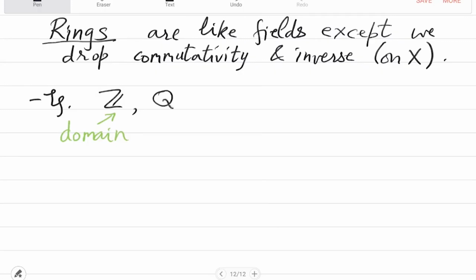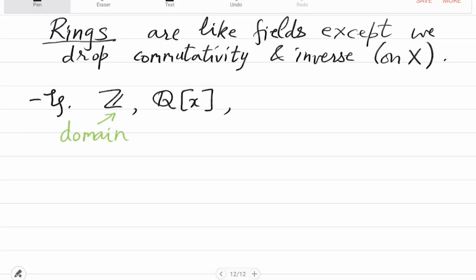Another example is when you look at polynomials. You can look at polynomials over integers, or over Q or real or complex. Polynomials always form a ring, because you can always add and multiply polynomials, and as long as the base ring is good, you will even have commutativity of multiplication also.